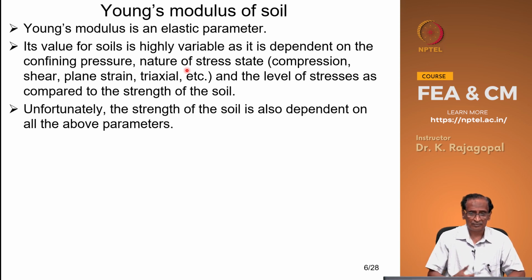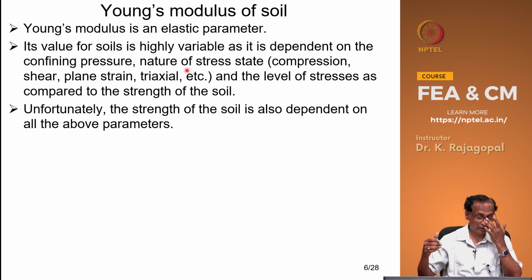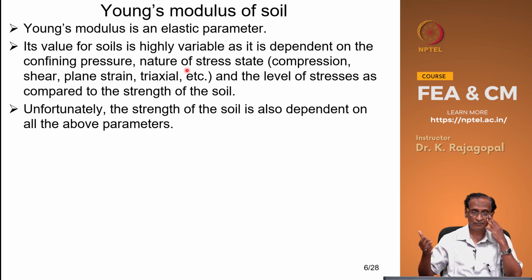And the strength of the soil is also dependent on all the above parameters. If your confining pressure is higher, your strength is also going to be higher. The strength could be different in the plane strain case compared to the triaxial or axisymmetric case, or in the three-dimensional case.